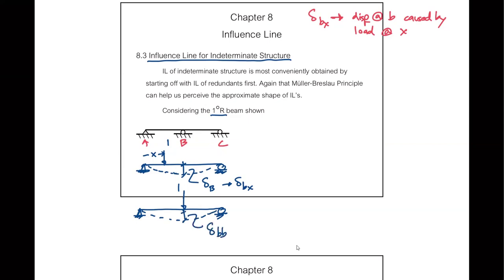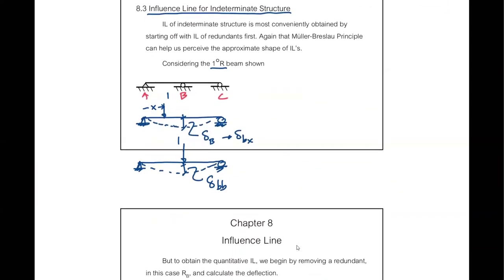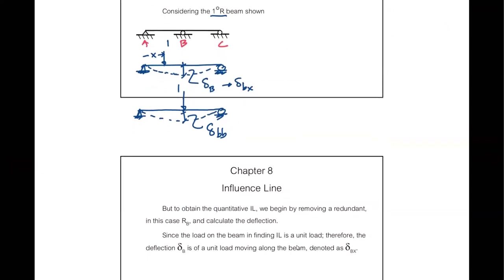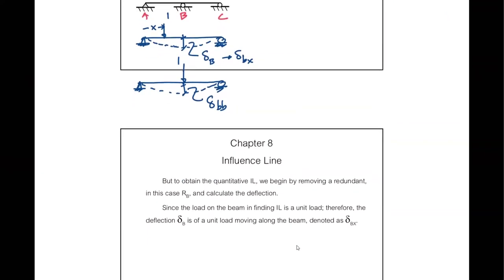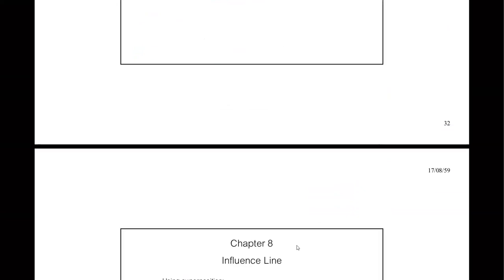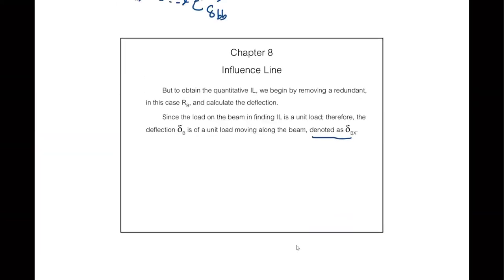Because the location of the load happens to be at B. It is explained down here, known as delta Bx. Okay, now, that's too far.